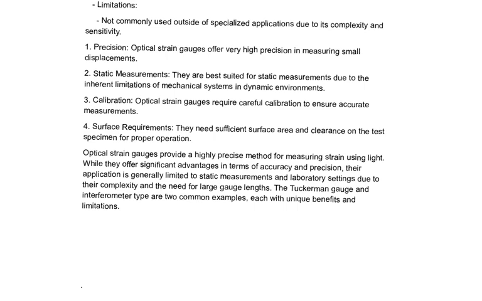The Tuckerman gauge and interferometer type are the two common examples, each with unique benefits and limitations. So these are the limitations and advantages of the Tuckerman gauges. By this I will end the video.